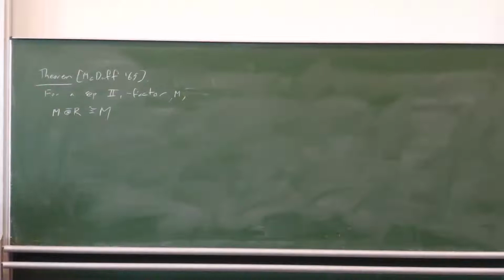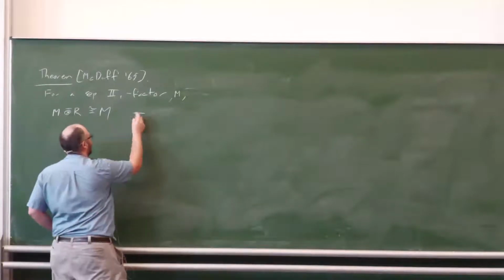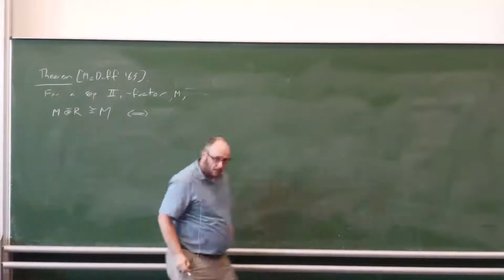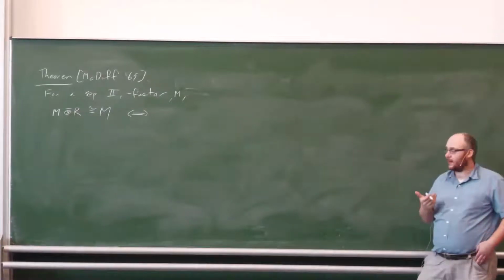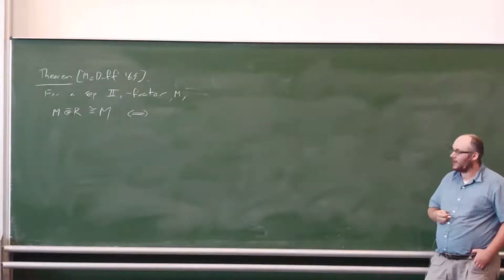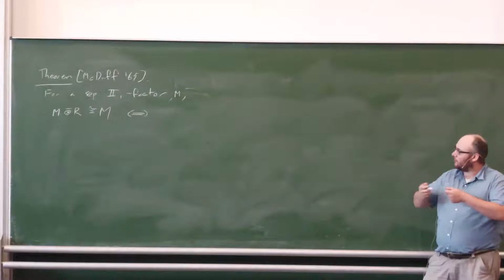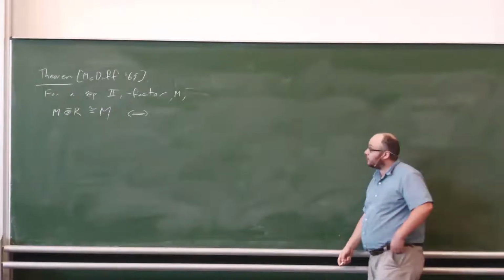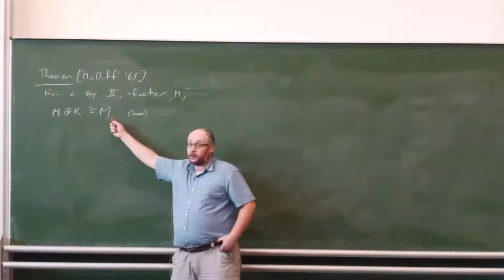That is equivalent to the following approximation condition, which actually has a very similar form to property Gamma that was talked about on Tuesday, where you want a very rich supply of central sequences in this algebra.